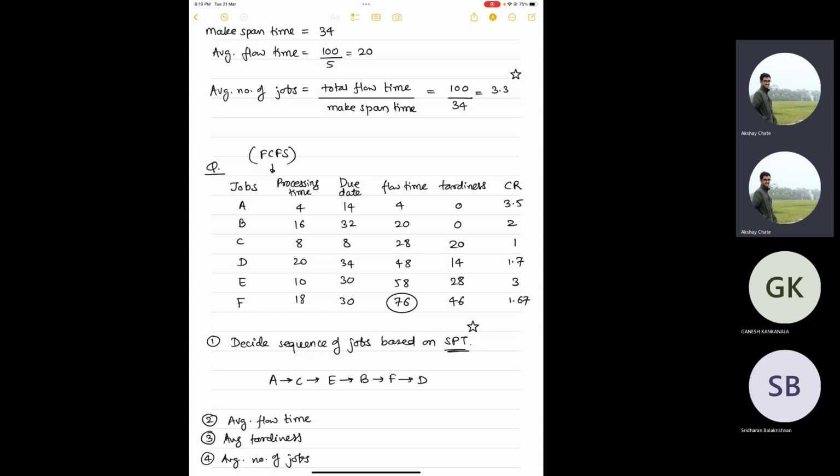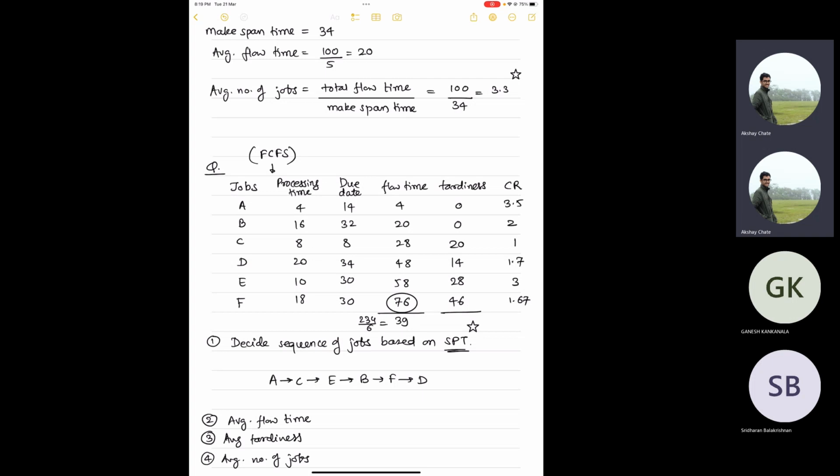Okay. So now I'll calculate average flow time and average tardiness. This will be 24 plus 28 plus 48 plus 58 plus 76 divided by 6. So it comes out to be 234 by 6, 39.